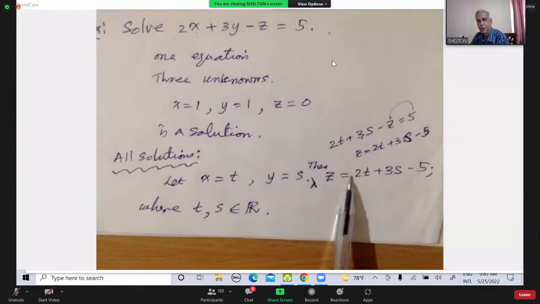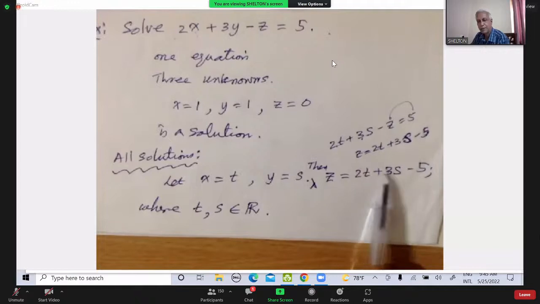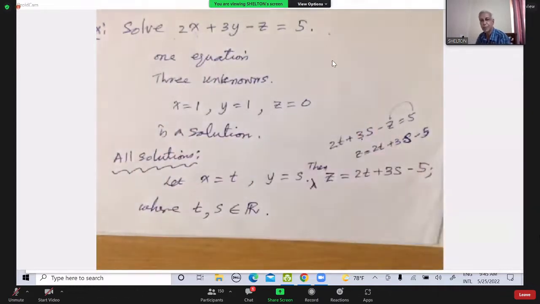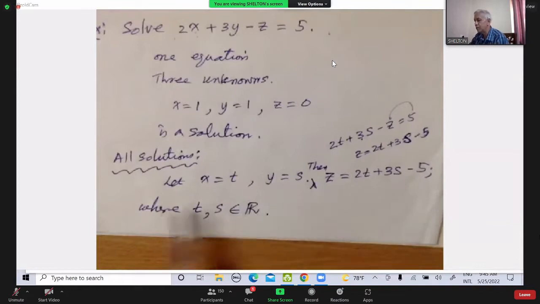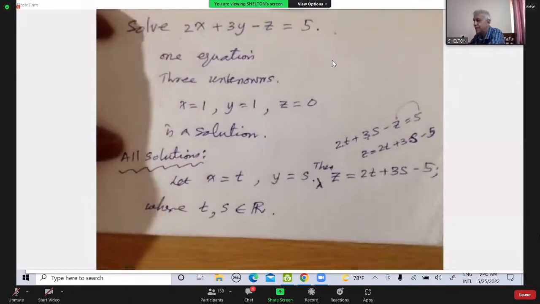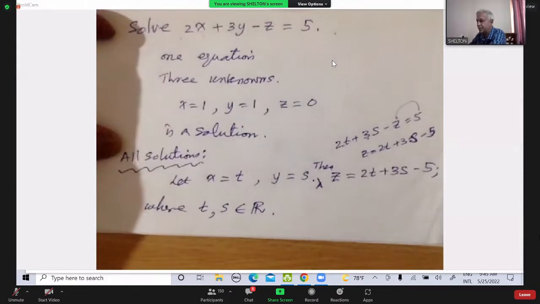Whatever value we take for t, plus 3 times whatever value we take for s, minus 5 is going to satisfy this equation. So solutions are sets of numbers, and all solutions are given by these. Again, infinitely many solutions.